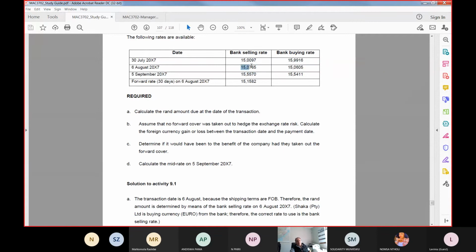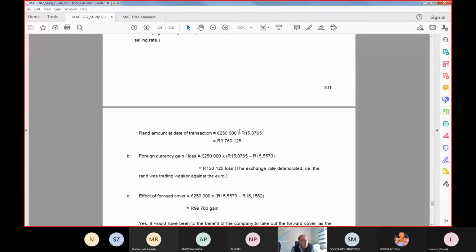They could have bought dollars or euros at 15.07. They bought it at 15.55, more expensive. So there is going to be a forex loss. B, 15.07 minus 15.55 times 250,000 equals 120,000 forex loss.